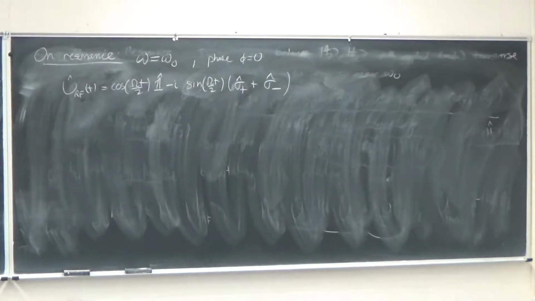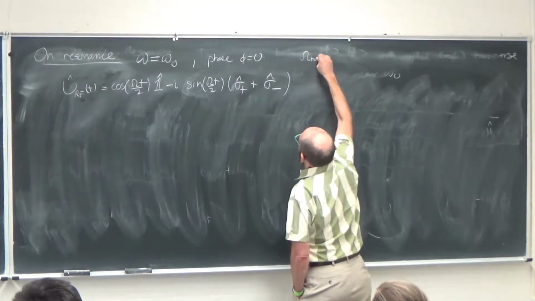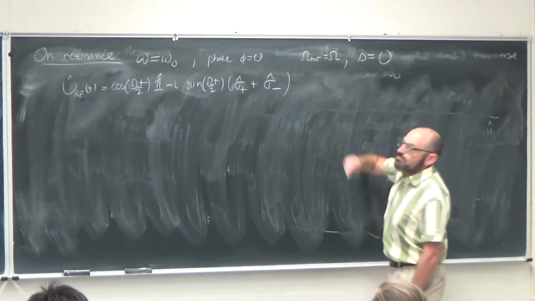On resonance, delta equals 0, and I set the phase equal to 0, right? And omega tilde. So on resonance, omega tilde equals omega. Delta equals 0. Right?